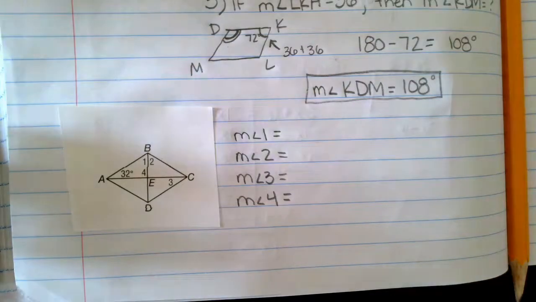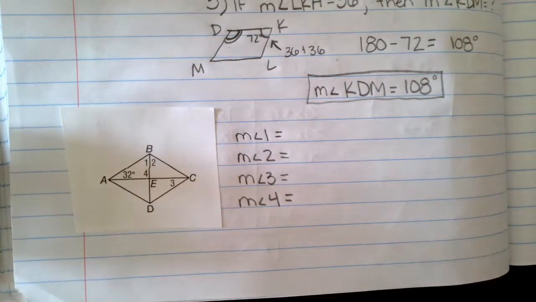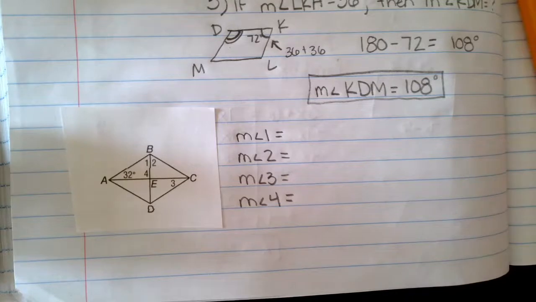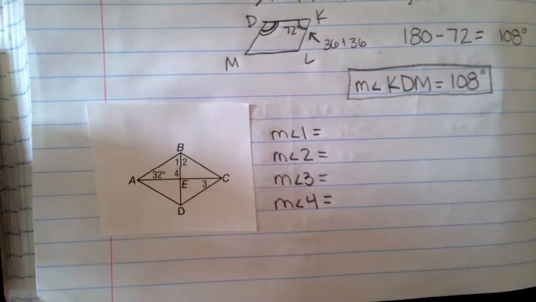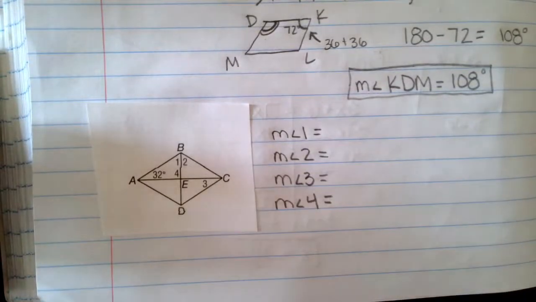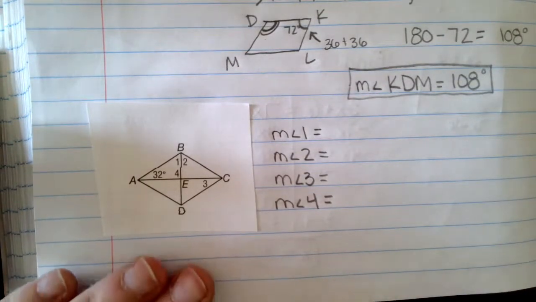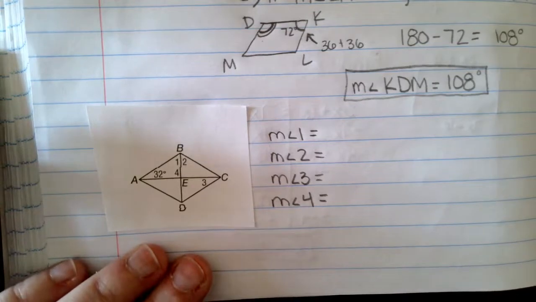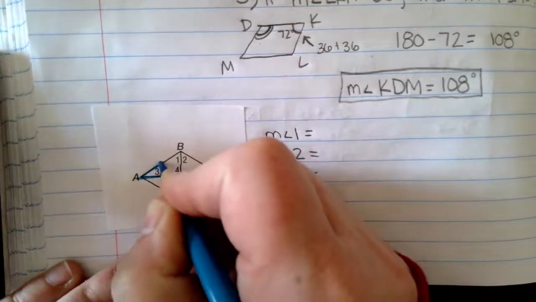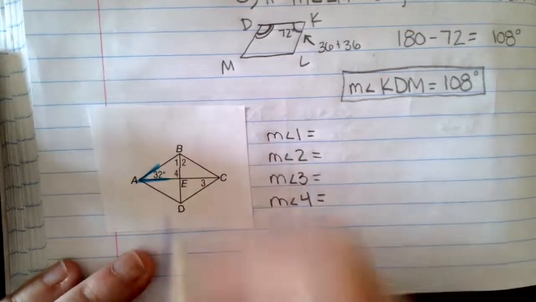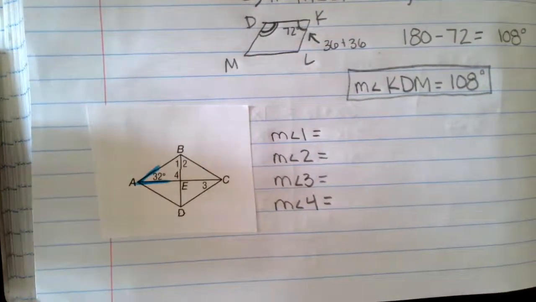All right, so what information are we given in this one? Yeah, Clade, what are we given? Yeah, we know that this angle here is 32 degrees. Okay, that's the only information that we are given, and we know it's a rhombus.